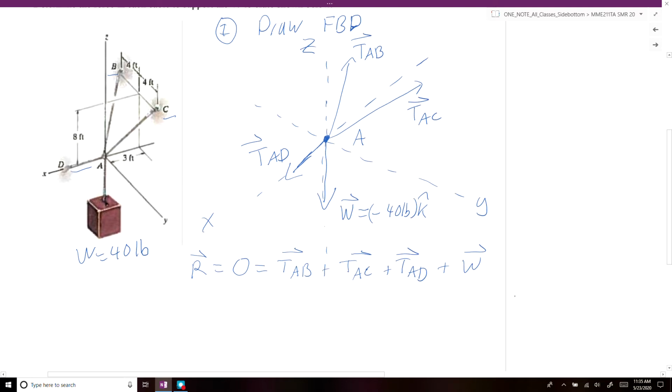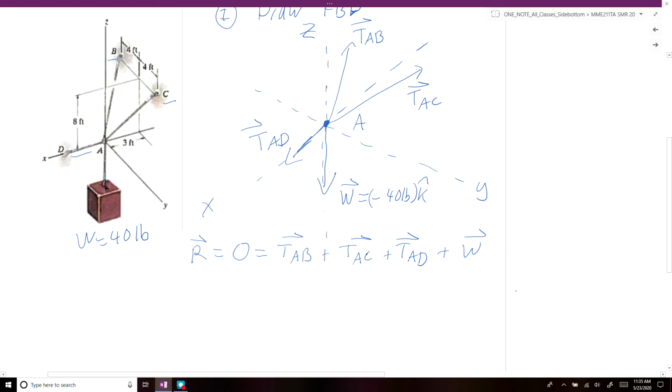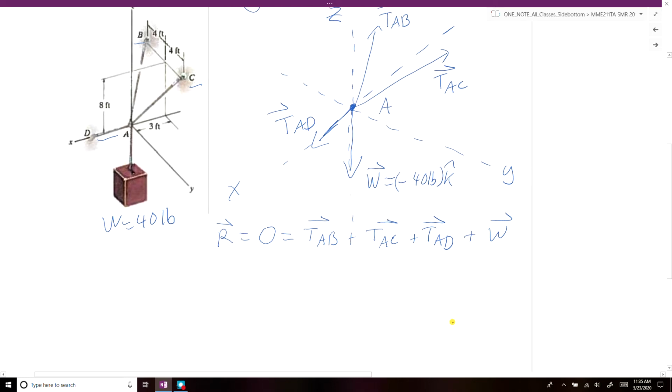So we're going to write TAB, TAC, and TAD in Cartesian form. We're going to start with TAB. From point A to point B, the cable goes along the x-axis 3 feet, it goes up in the z-axis 8 feet, and it goes along the negative y-axis 4 feet.